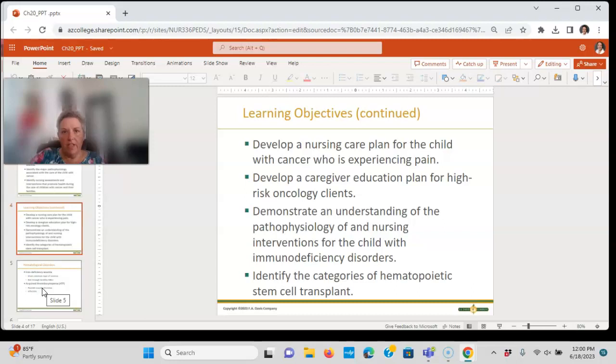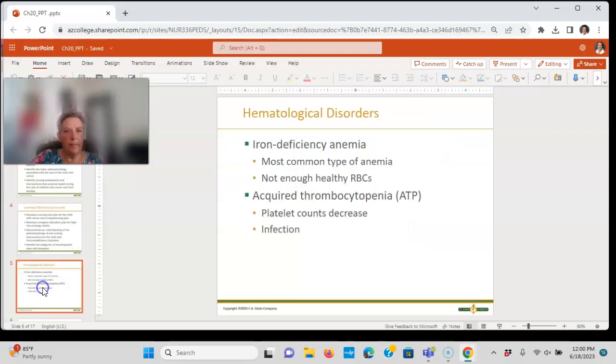Developing a care plan for the child with cancer who is experiencing pain. Develop a caregiving education plan for high-risk oncology patients. Demonstrate an understanding of the pathophysiology and categories of hematopoietic stem cell transplant.